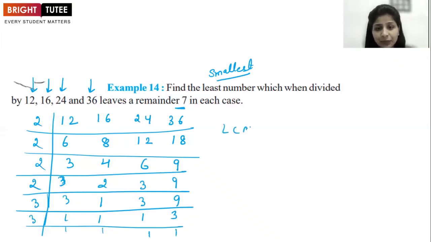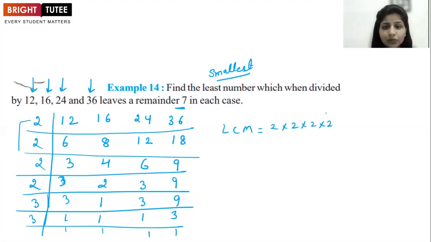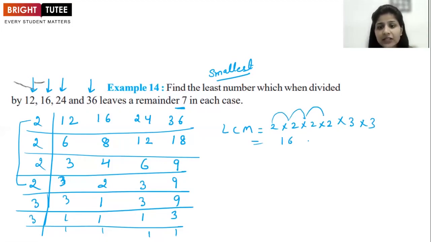So LCM would be 2 into 2 into 2 into 2, and 3 into 3. 2 is coming 4 times as you can see and 3 is coming 2 times. So 2 into 2 is 4, 4 into 2 is 8, 8 into 2 is 16, and 3 into 3 is 9.